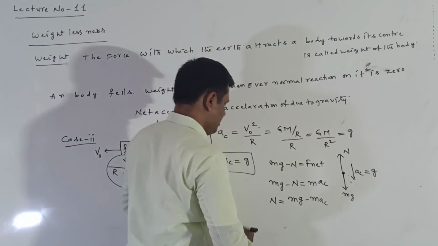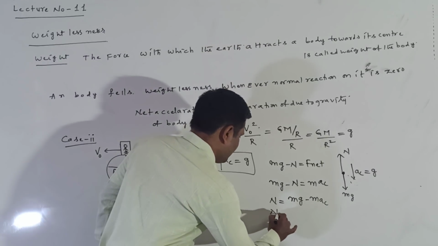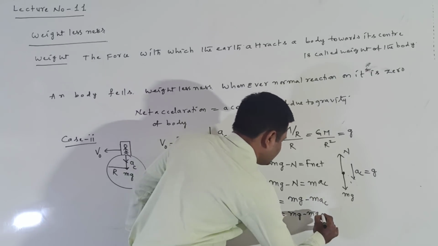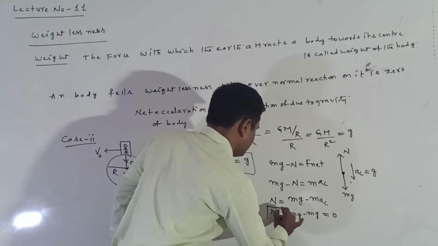So AC equal to g. From this we get N equal to mg minus mg, which is equal to 0.